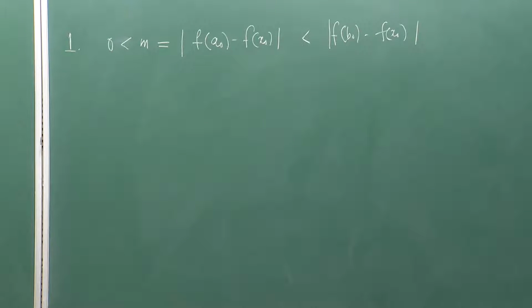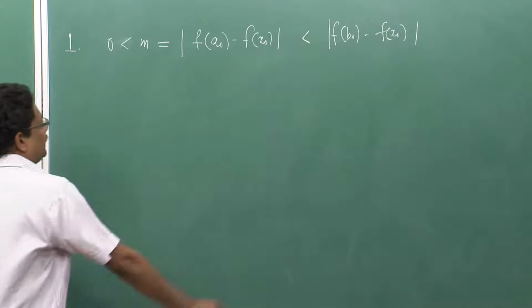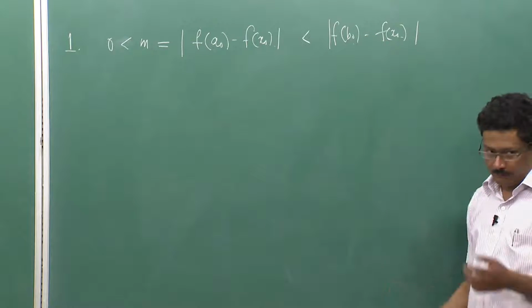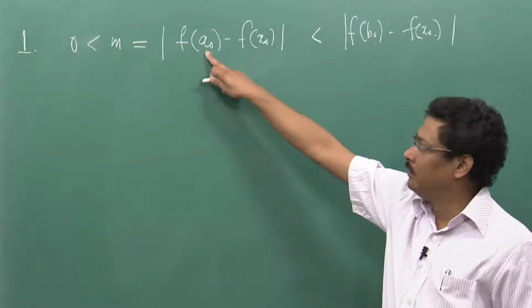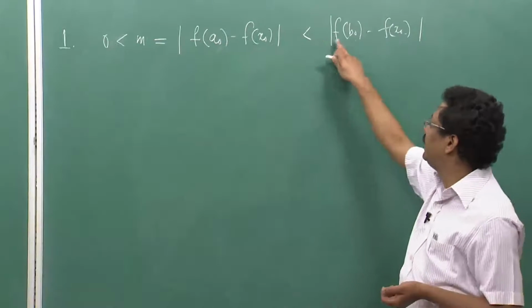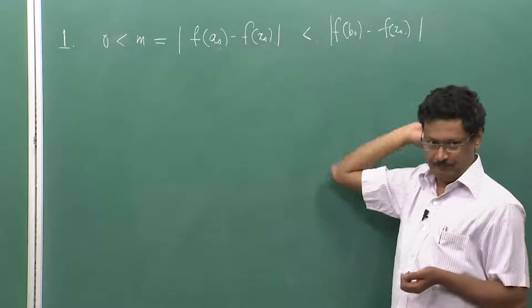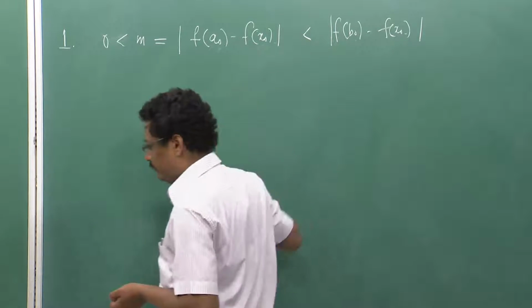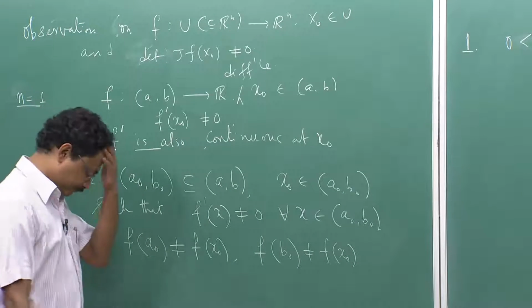Think for a moment that I can also choose the interval in such a way that f of a naught minus f of x naught is strictly less than f of b naught minus f of x naught, or the other way around, because if these two are equal, you can find a contradiction to f prime x naught being non-zero.